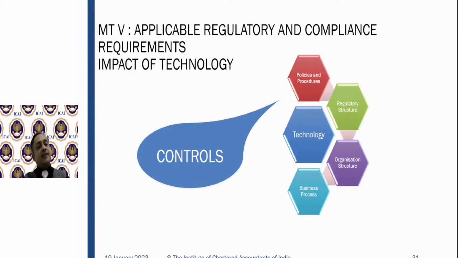So impact of technology. Just understand that the banking policies, procedure, the regulatory structure, the organization structure, the business process, they are all affected by technology. And because technology is affecting all of them, we need to create better controls to manage it.